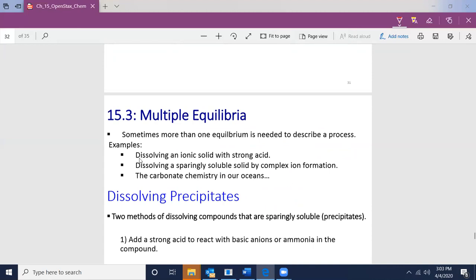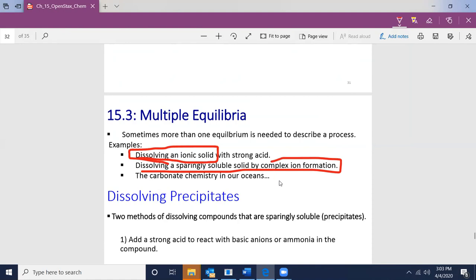So what we can do is dissolve a sparingly soluble ionic solid by adding a strong acid into it. We can add a strong acid and have more and more of the ionic solid dissolved. In the second way, we can dissolve a sparingly soluble solid by complex ion formation. We'll see how we can do that.